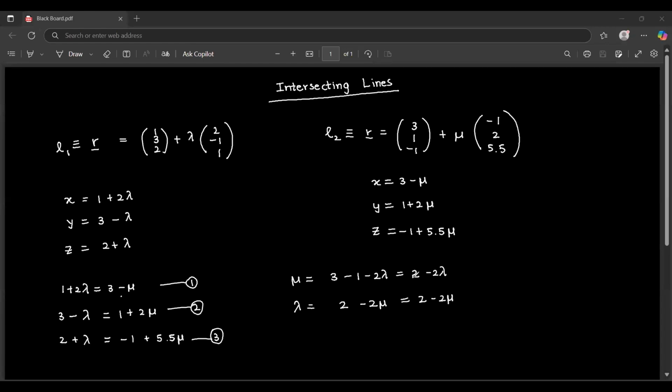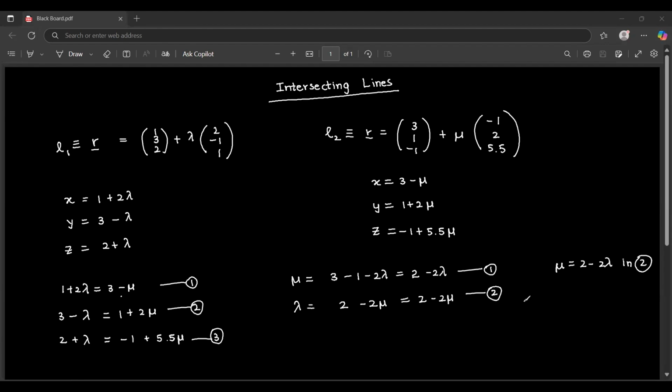Okay, that's it. Now I can replace this. This is the first equation that I derived finally. So that is the second equation. So by using this, I can find mu or lambda. I'm going to replace mu with lambda. Actually wait, what is easier? Yeah, so I'll replace mu equals 2 minus 2 lambda in the second equation.